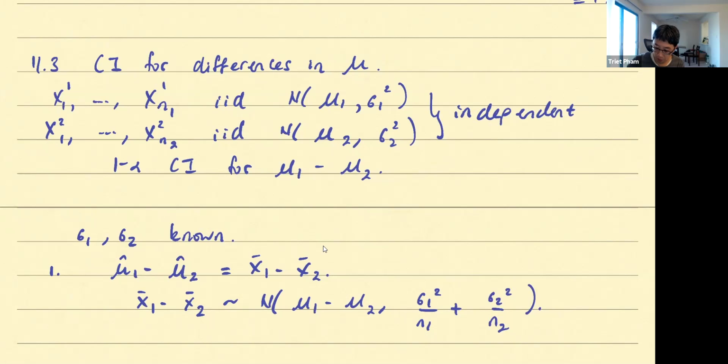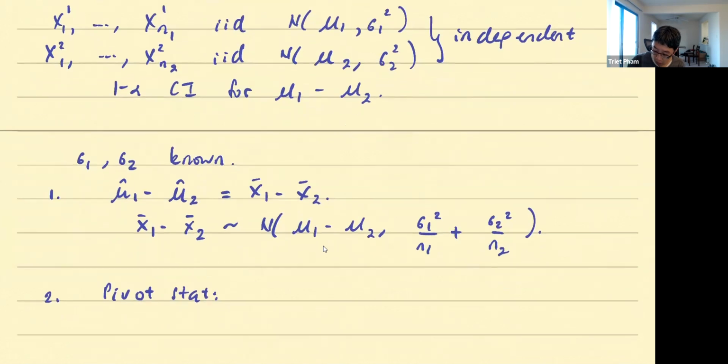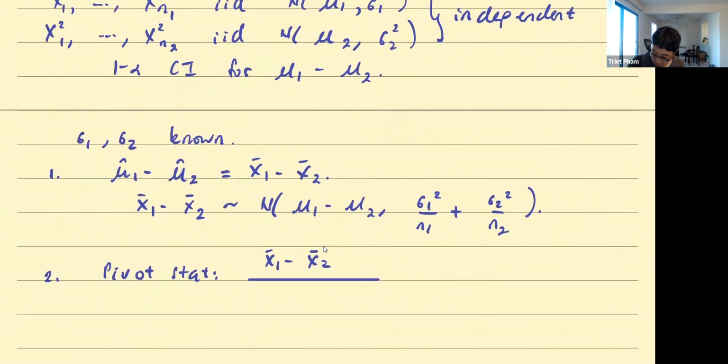Because this depends on the parameters, and it's not normalized, it's not a pivot stat. So the pivot stat in this case, because sigma 1 and sigma 2 are assumed known, will be x bar 1 minus x bar 2 divided by square root of sigma 1 square over n1 plus sigma 2 square over n2.